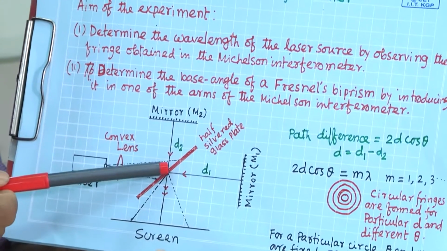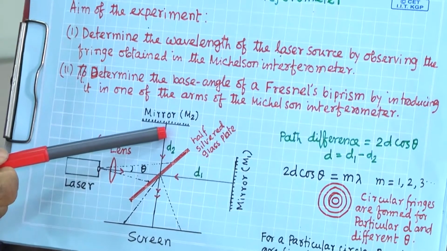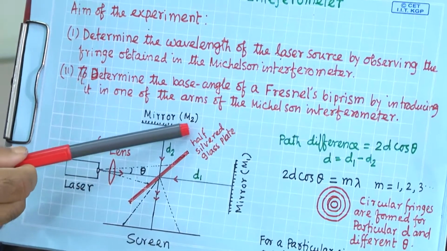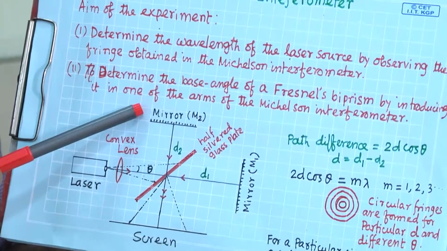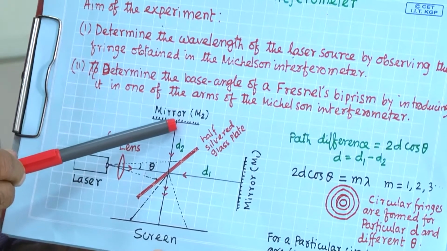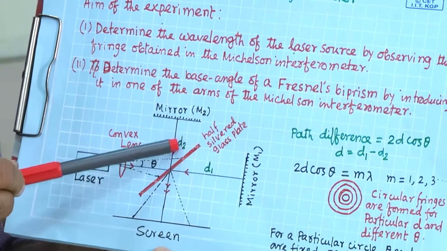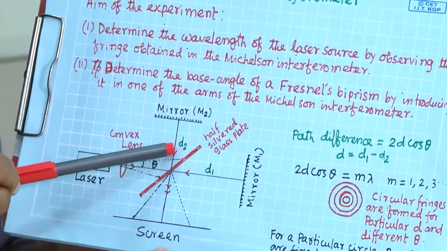This reflected ray falls on the other mirror M2 perpendicularly. From this mirror it again reflects back, passes through the glass plate and comes down.